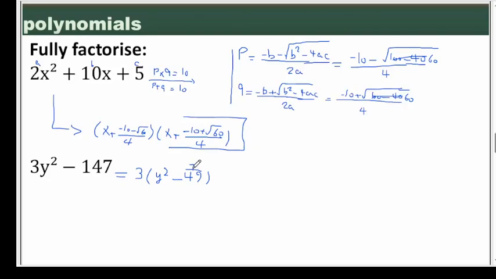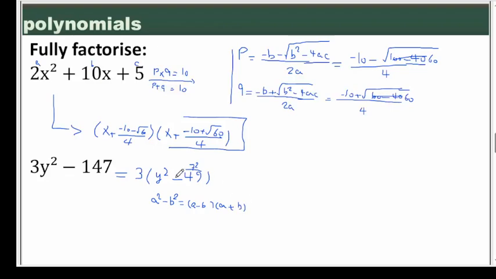That means it is 7 to the power of 2. We say a to the power of 2 minus b to the power of 2, difference of squares, I can write as factors: a minus b times a plus b.